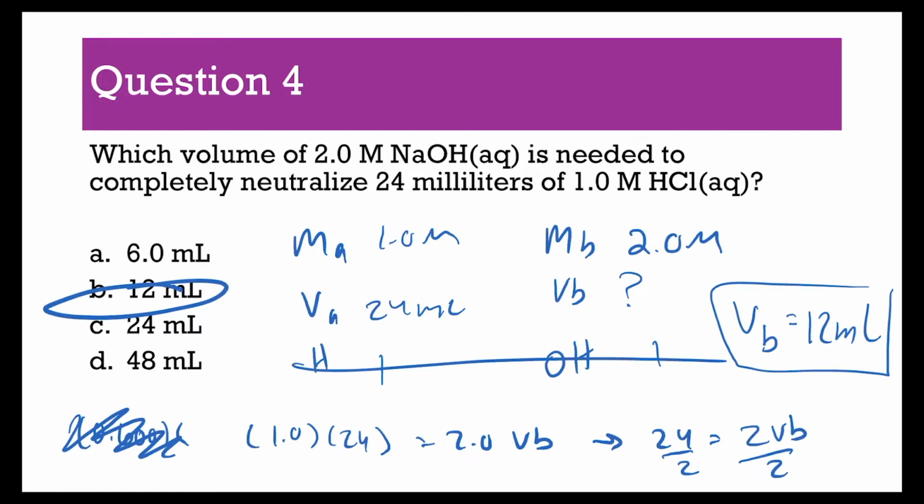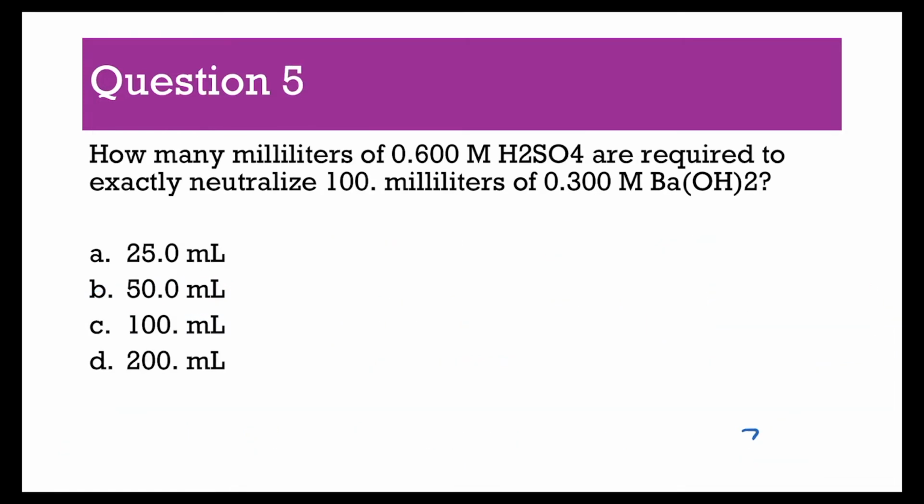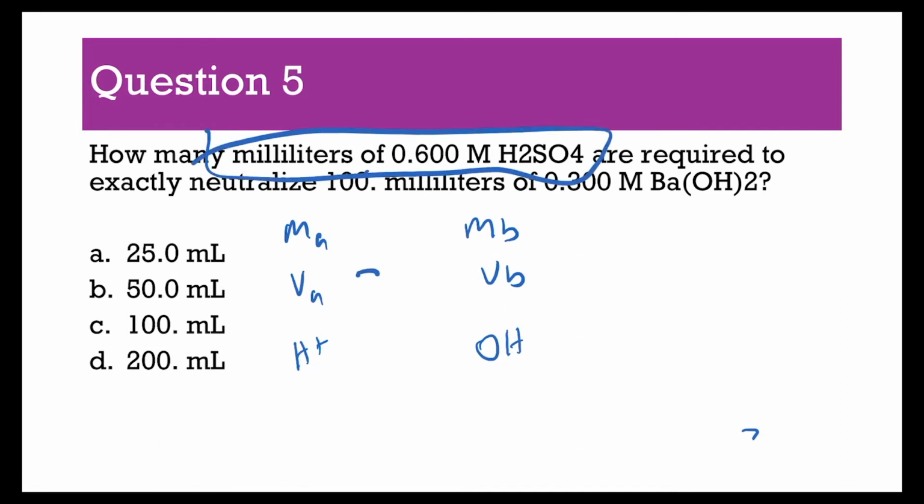Okay. Now doing number 5. Again, we're going to start off the same way, listing out MA, VA, or H, then MB, VB, OH. How many milliliters? So all of this is our acid. We're looking for volume. We know concentration is 0.6, and our acid gives off 2 H's. And then we have 100 mL of our base. It's a 0.3 molar solution, and it gives off 2 OHs.